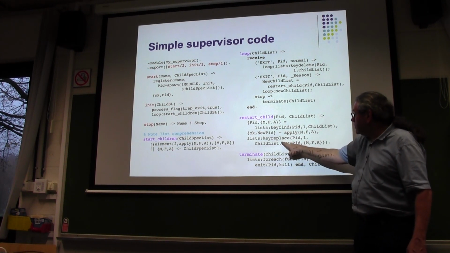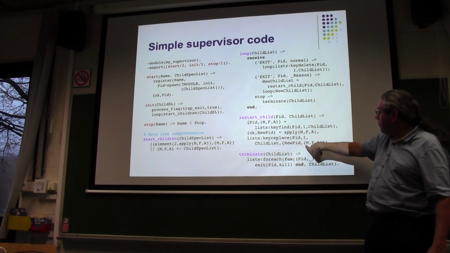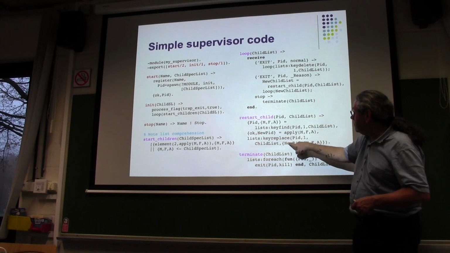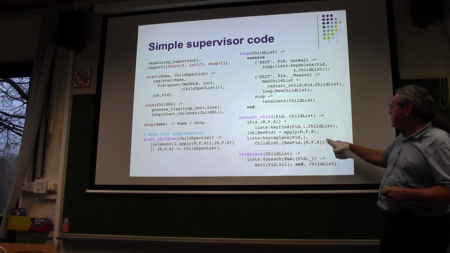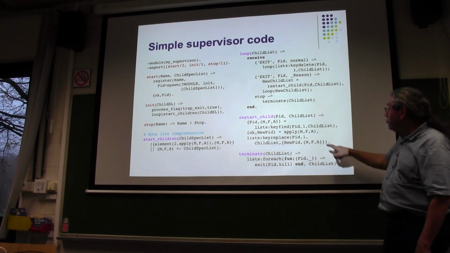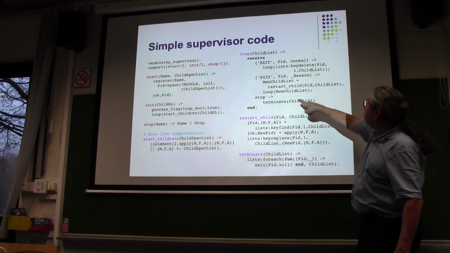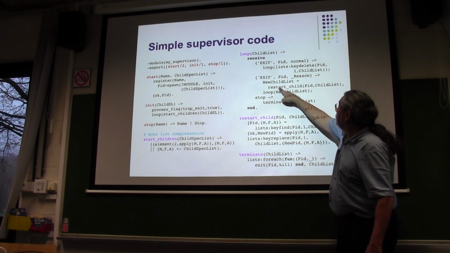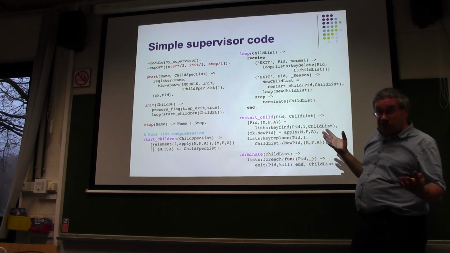Remember, the child list has these tuples, the PID and the MFA, which is for restarting it. So it replaces the PID by a new PID. This has basically restarted the child, and it has put the PID of the new child in the list. Now I'm calling loop recursively with the new child list, which is returned by restart child. So that's very easy, yeah?